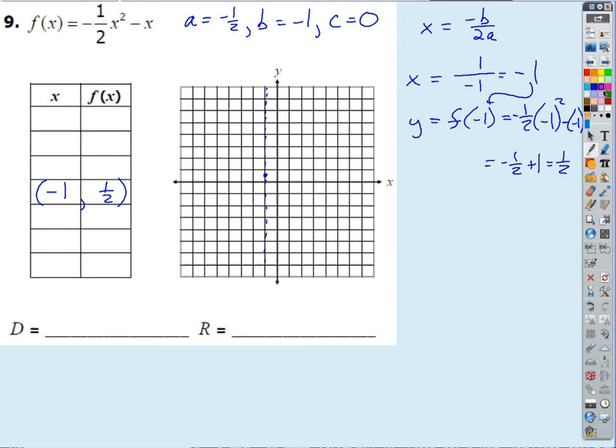What's f of 0? 0, isn't it? Right? So we know it's going to go through the point 0, 0, which means it's going to go through the point, what other point? -2, 0. There it is.